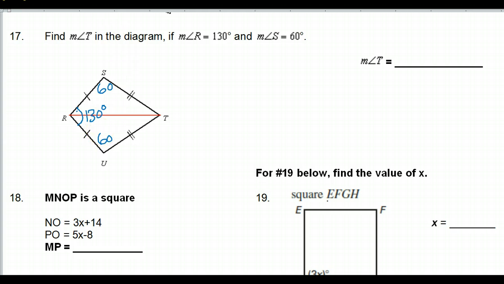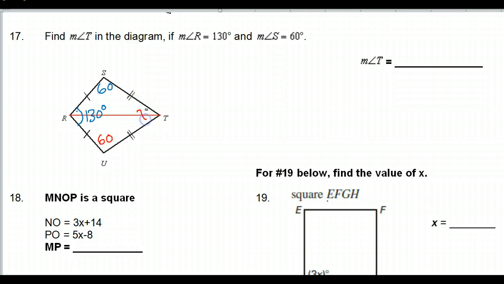I probably should show that second one in red to reflect that we weren't given it, we are surmising it. We're told angle S is 60, so we can conclude that angle U is also 60. And we're supposed to find the measure of angle T, the missing angle right here.